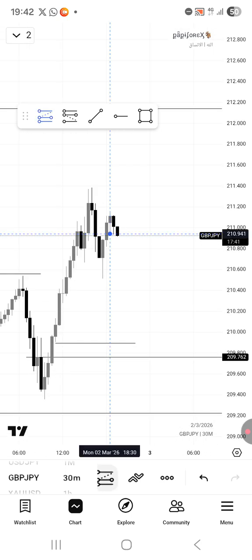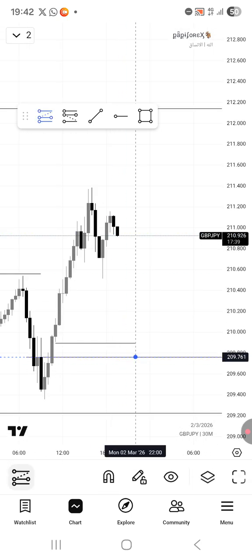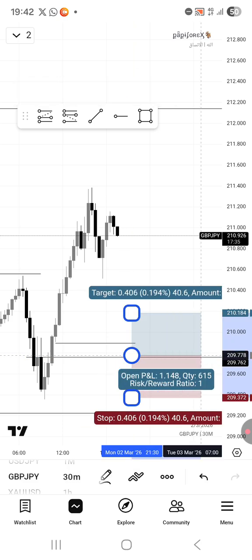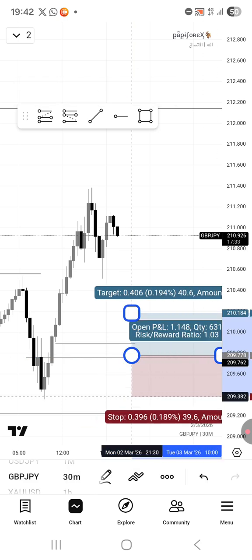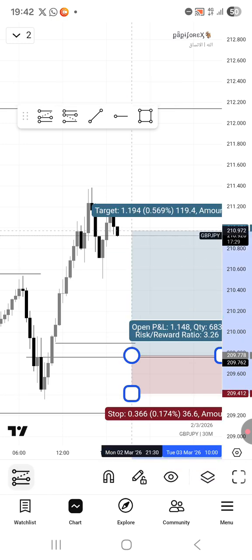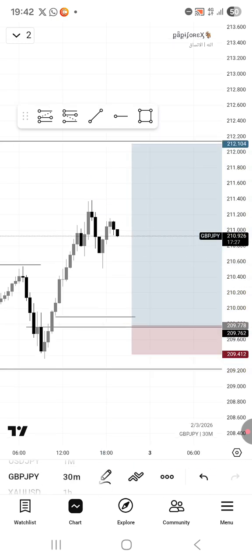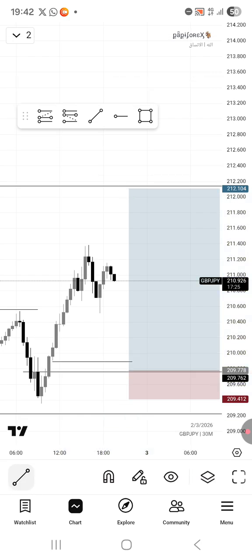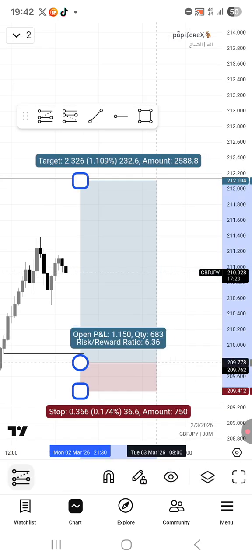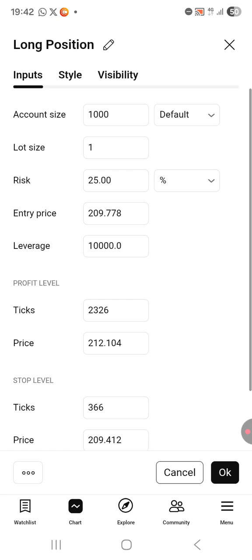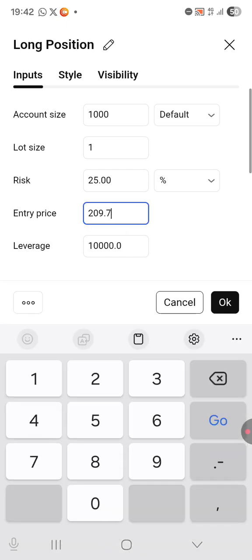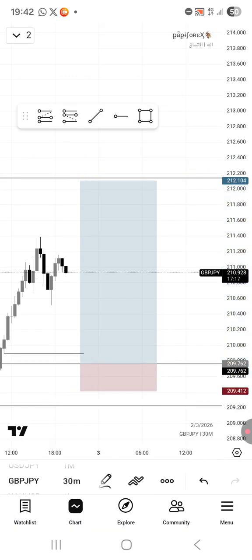Then I'm going to take my long position and put it at this area. Here will be my stop loss. I can put my stop loss at this area. Then my TP will be at my draw on liquidity, 762.